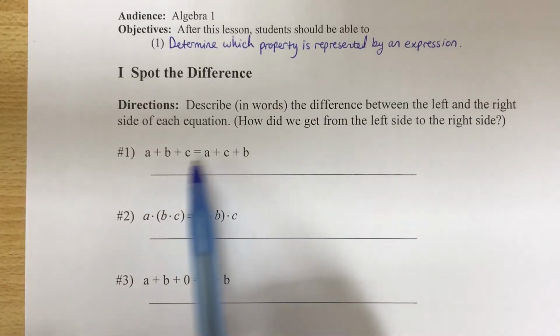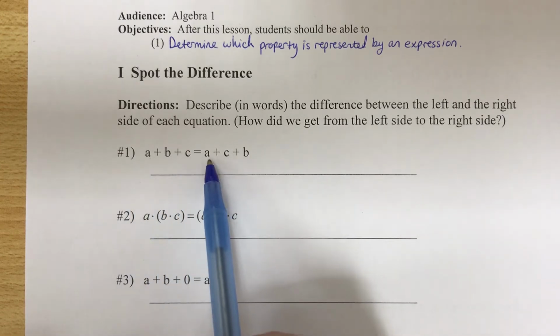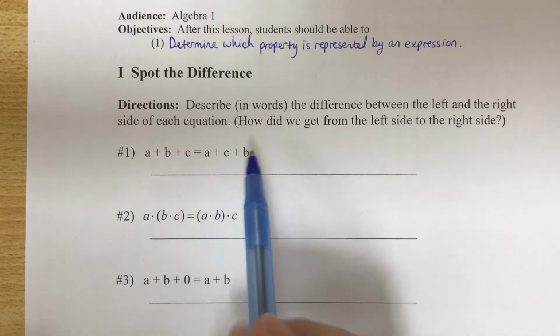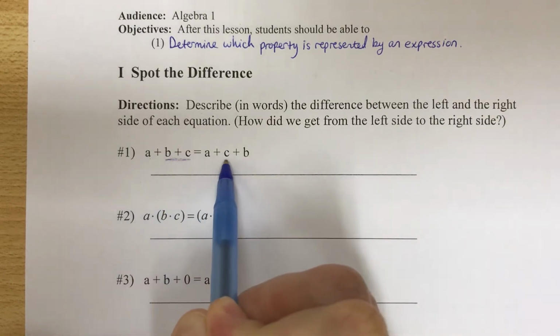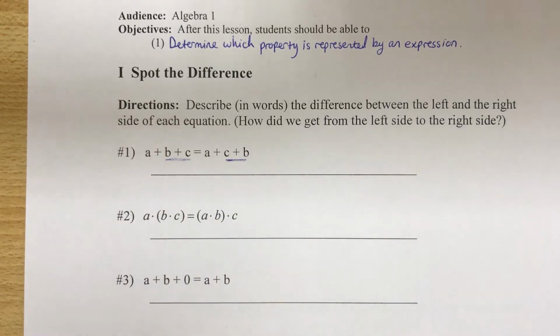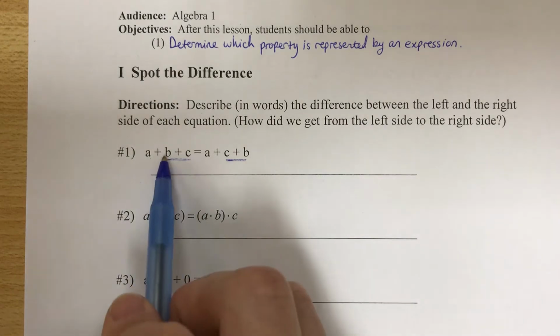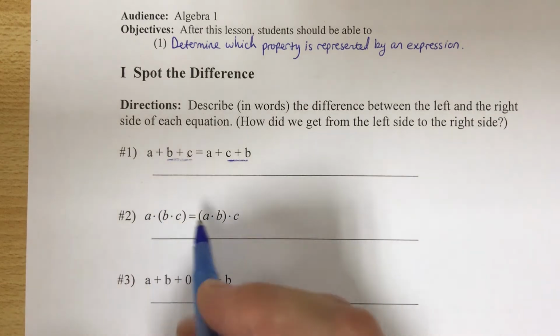Okay, so for example here in number 1, a plus b plus c equals a plus c plus b. So it looks like the difference is here and here. How would you describe that in words? And there's more than one answer to these. But what I would say is that B and C switched, that the order changed.